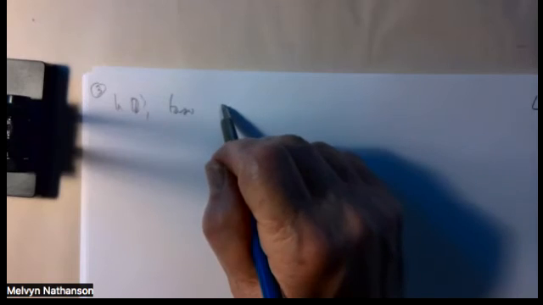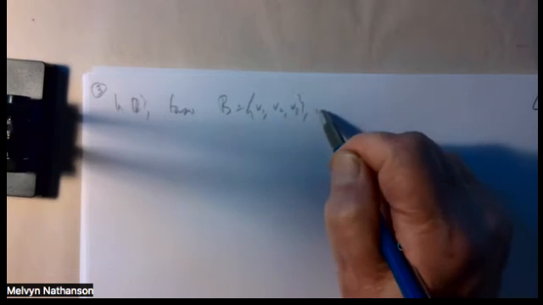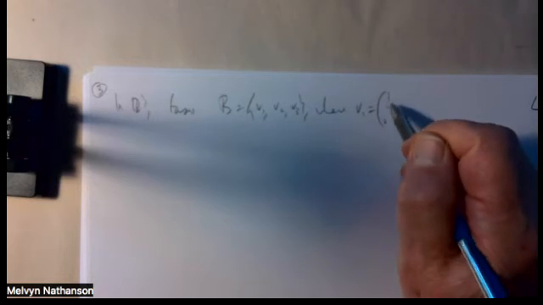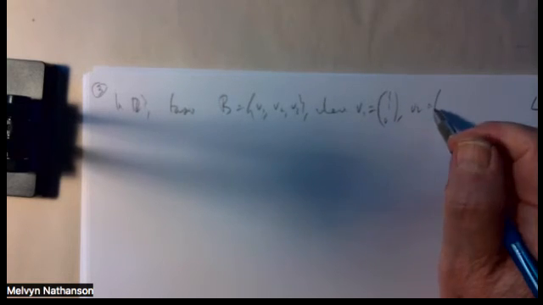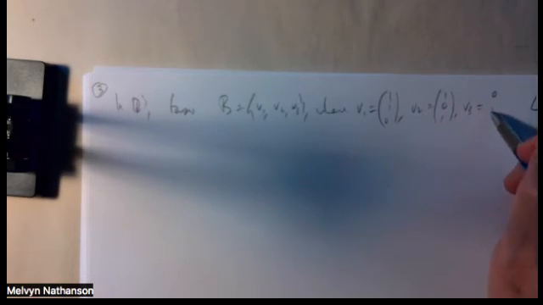Then we jump to number 3. So in R3, we can take the basis of 3 vectors, v1, v2, and v3, where v1 is the vector (1, 1, 0), v2 is the vector (1, 0, 1), and v3 is the vector (0, 1, 1).